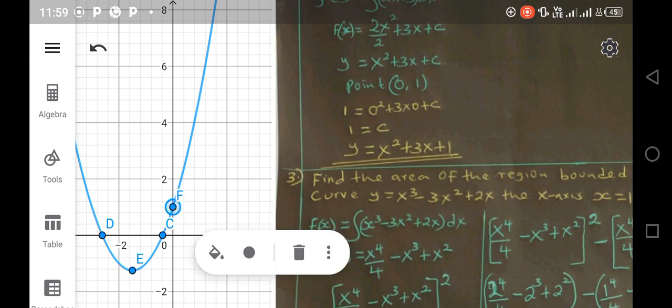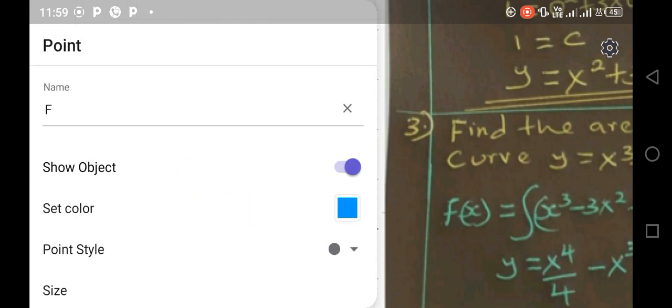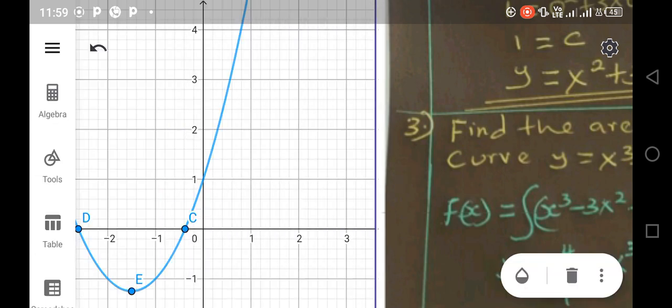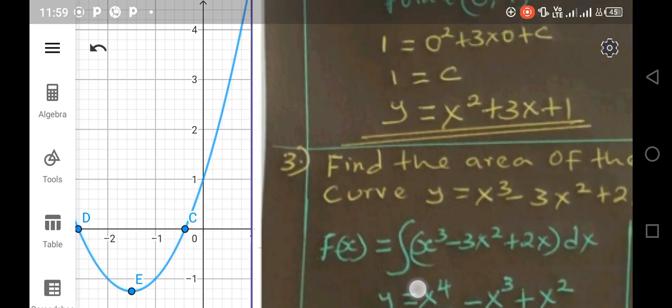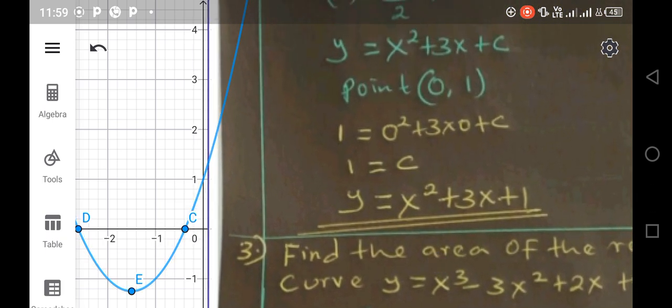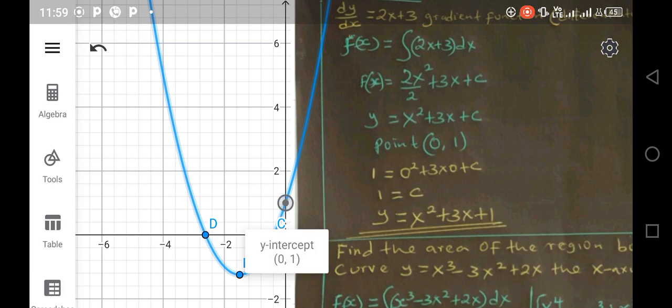As you can see from this particular graph, the point there at F is going to be called the y-intercept, (0, 1). From the equation that we have, y equals x squared plus 3x plus 1, you can see that it comes here. So y-intercept equals (0, 1).